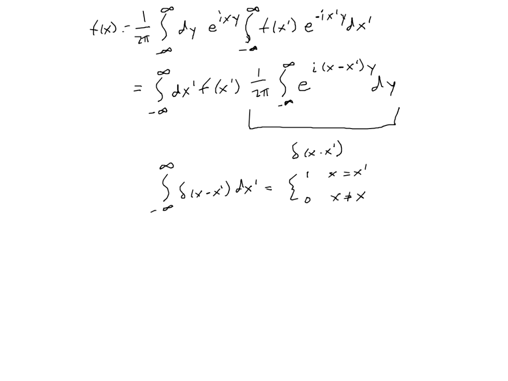You get 0 if x is not equal to x prime. And so you can then just say that f of x is just equal to the integral from minus infinity to infinity of dx prime of f of x prime integrated with the delta function.